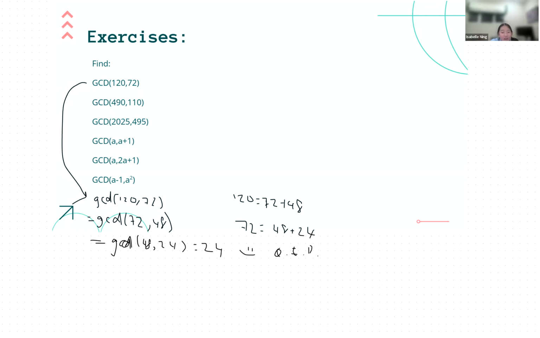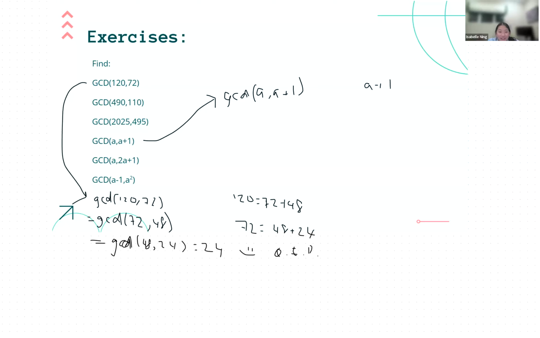So the greatest common divisor of a and a plus 1. Oh, okay. Sophie can present that one. You know that a plus 1 equals a plus 1.